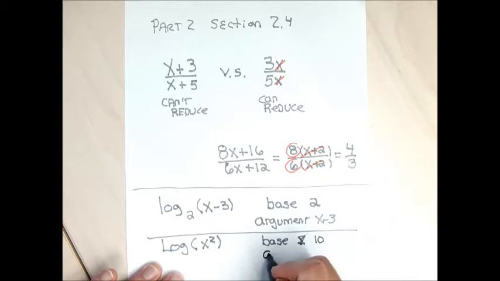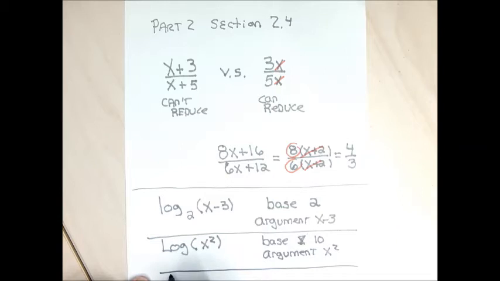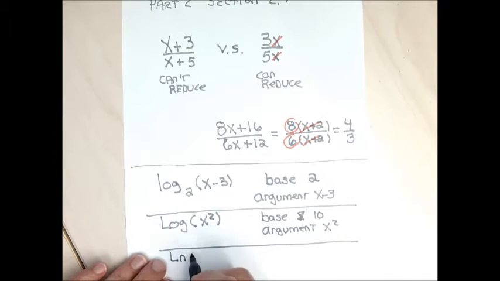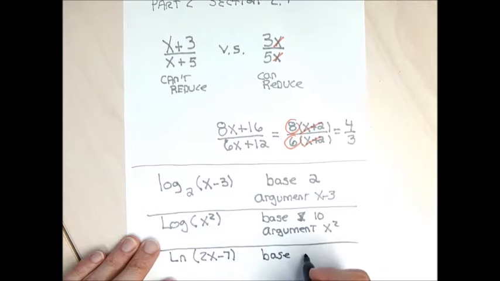And here the argument, which I put in a parentheses, but more often than not I don't use the parentheses, but the argument is x squared. And lastly, if we had something like this, the ln of 2x minus 7, here, if you see ln, the base is assumed to be e, and here then the argument is 2x minus 7.